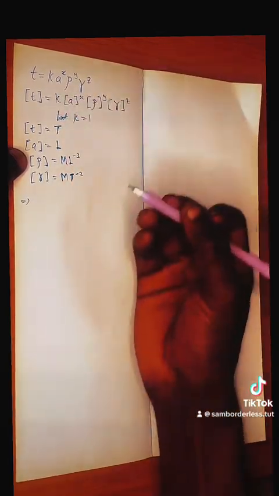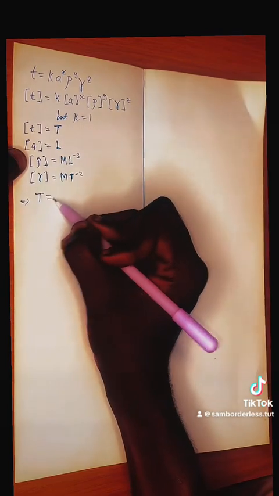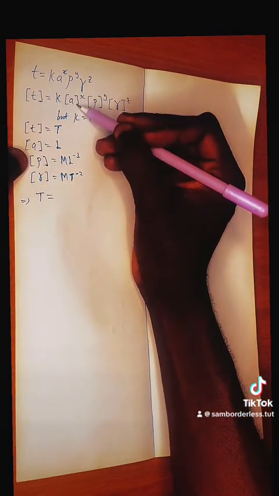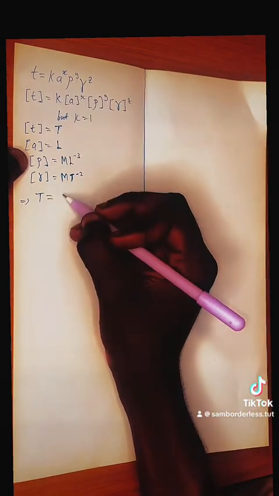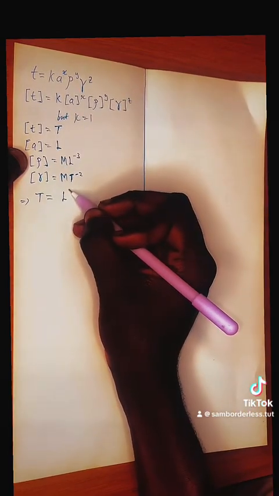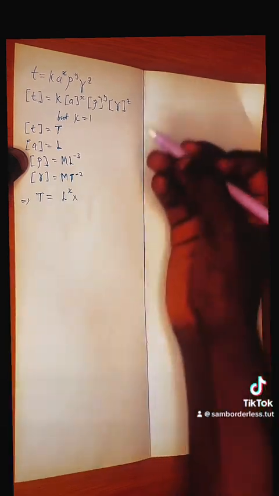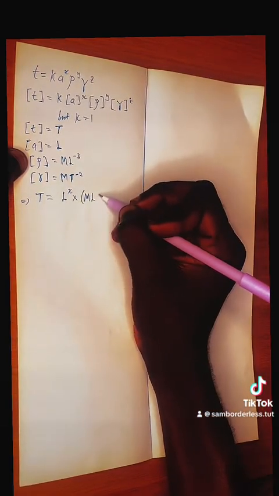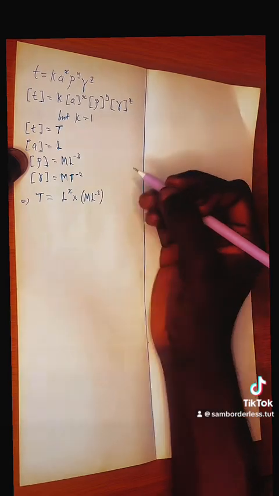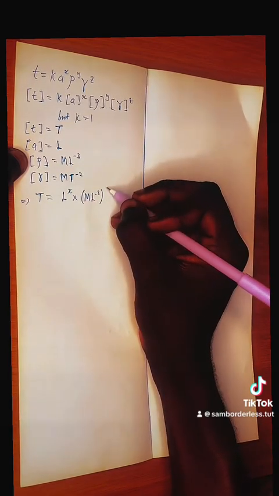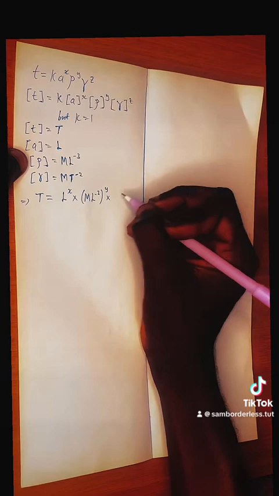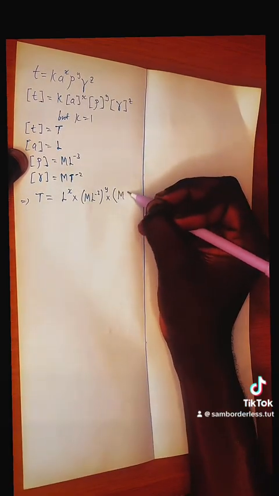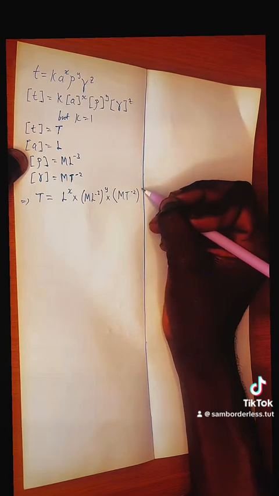The dimension of t is capital T, and we have the dimension of the radius as L, so it's going to be L raised to the power x, multiplied by density, which is M L to the power negative 3. Because it's more than one term, I need to open a bracket, to the power y, times again our surface tension, which is M T to the power negative 2, to the power z.